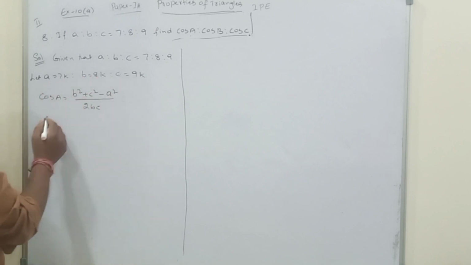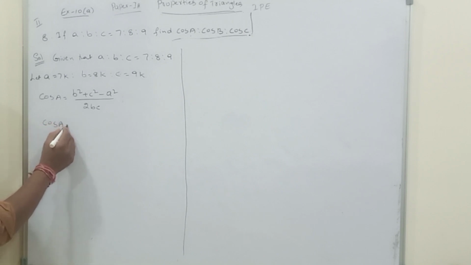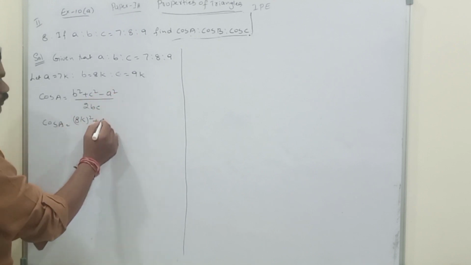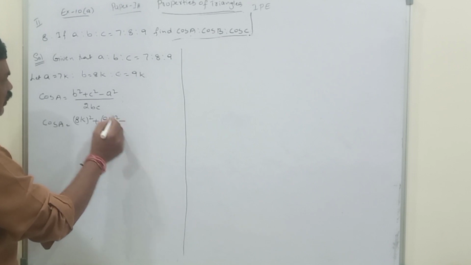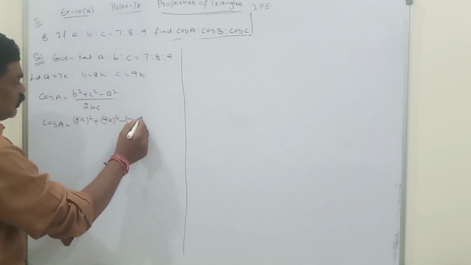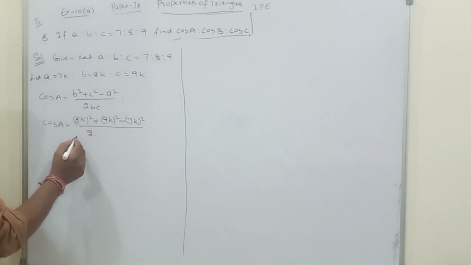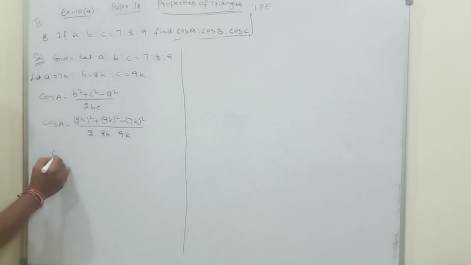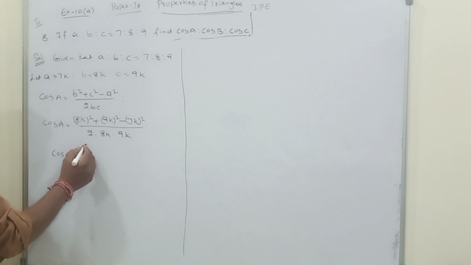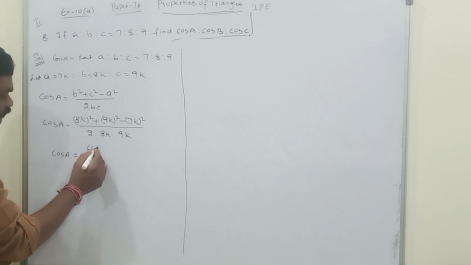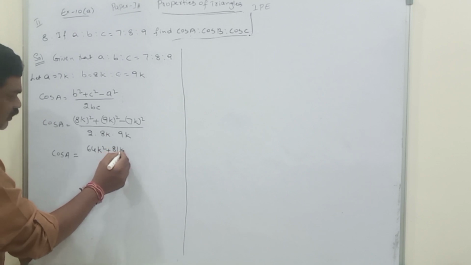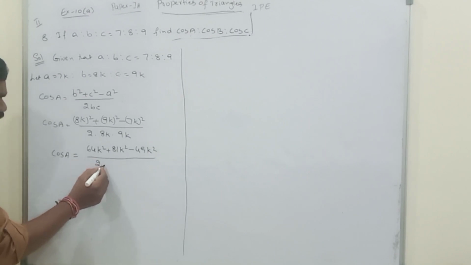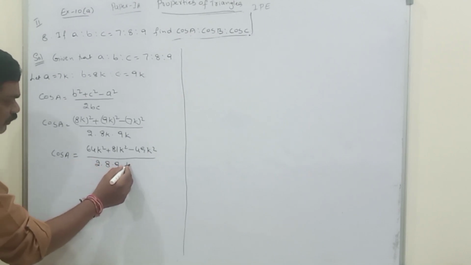By substituting these a, b, c values, cos A is equal to (8k) whole square plus (9k) whole square minus (7k) whole square, by denominator 2 into 8k into 9k. Here the numerator is 64k square plus 81k square minus 49k square by denominator 2 into 8 into 9 into k square.